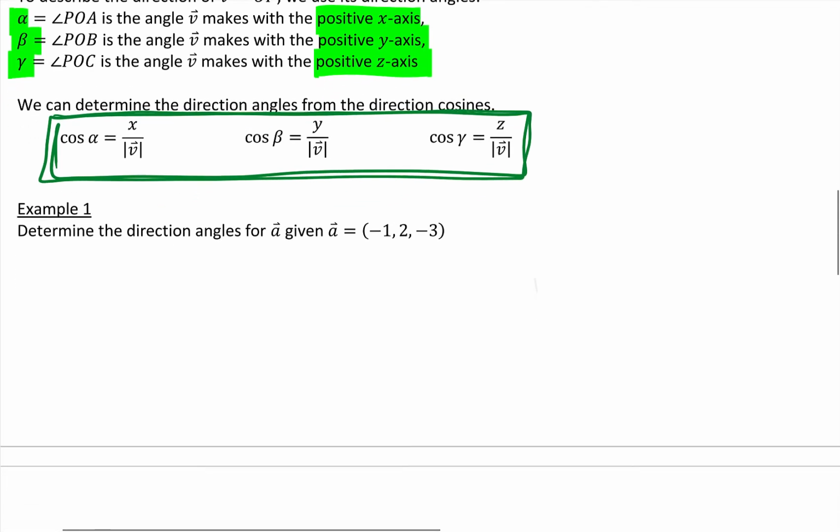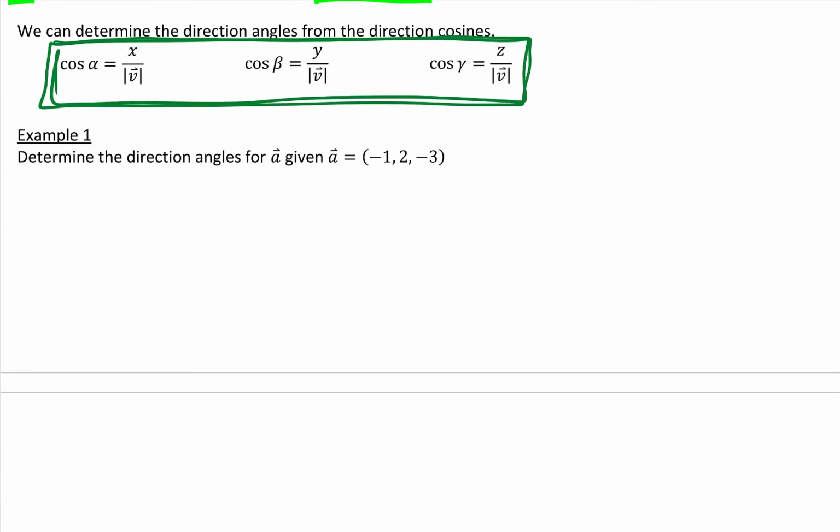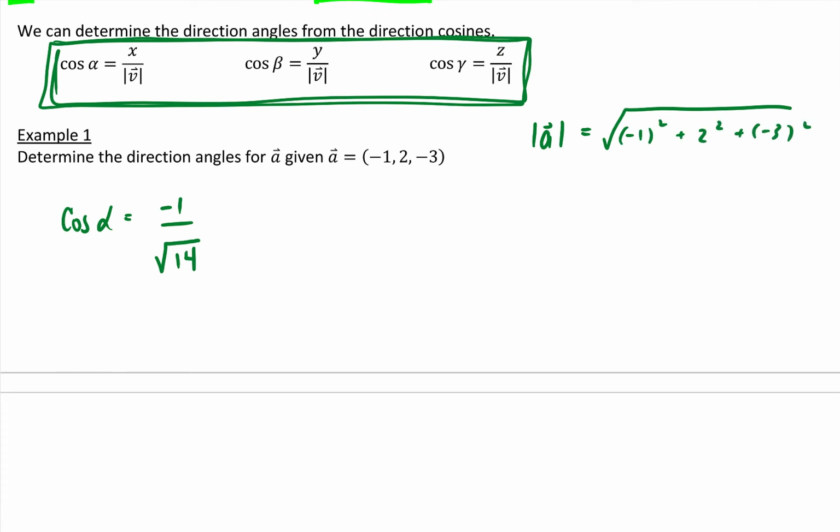Let's go through an example of how to find the direction of a vector in 3-space. Determine the direction angles for vector A, given vector A is equal to (-1, 2, -3). We start with cosine alpha, and that's equal to the x value, which is -1, over the magnitude of vector A. The magnitude of vector A is the square root of (-1) squared plus 2 squared plus (-3) squared, which equals the square root of 14.